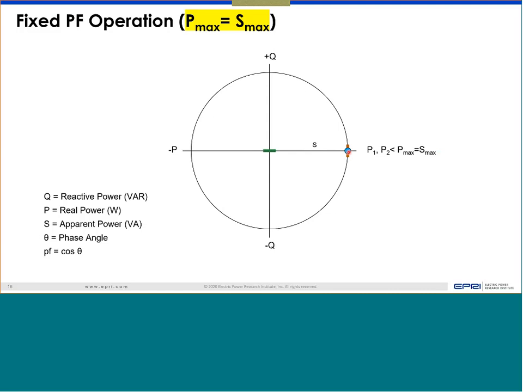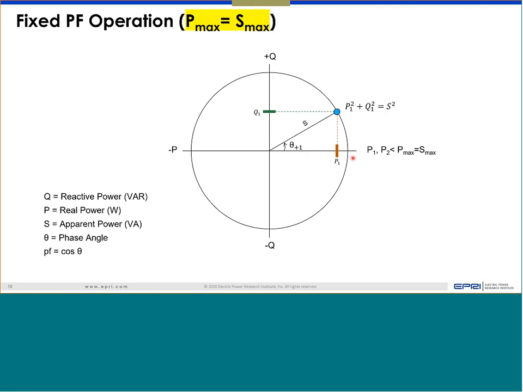At that point, if a DERMS or DMS sends a command to operate at 0.97, then it has to obey the command, generate reactive power, and move the operating line to a position like this. You can clearly see that to generate this Q, to operate at that power factor line, it has to reduce the power.